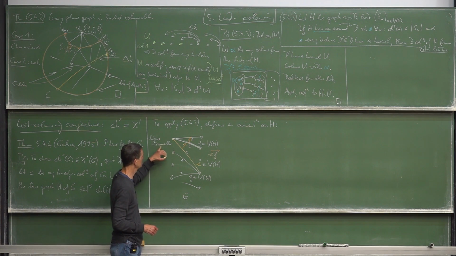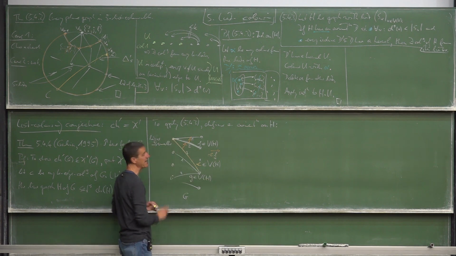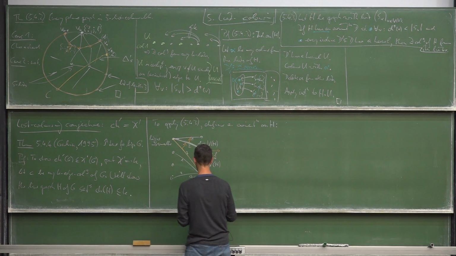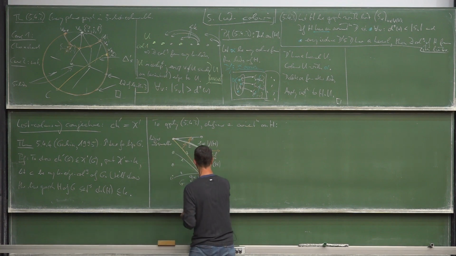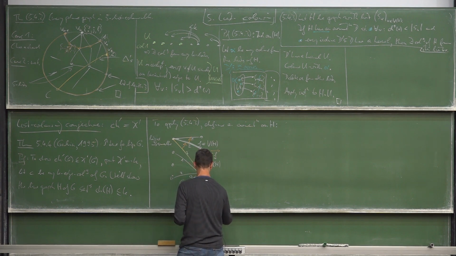So we're orienting from bigger to smaller when two edges of G, vertices of H, meet on the left in G. When they meet on the right, we do it the other way around, smaller towards bigger.